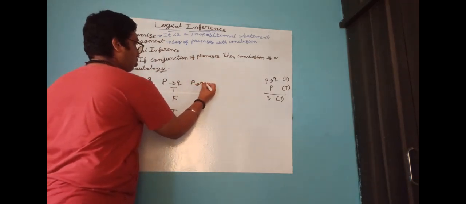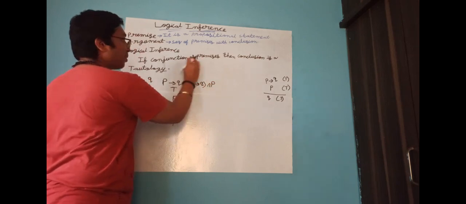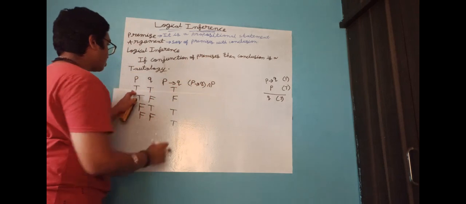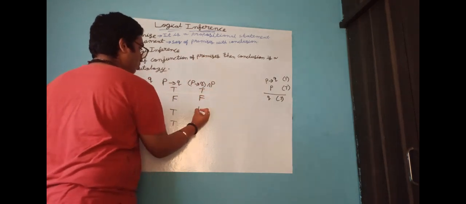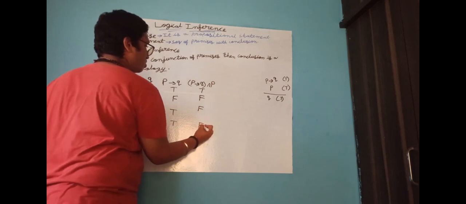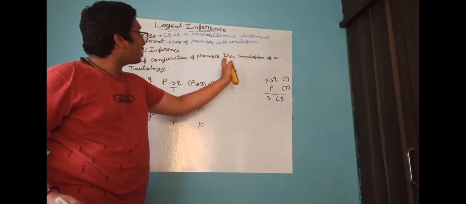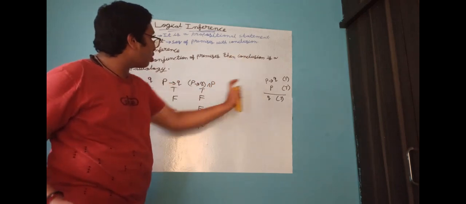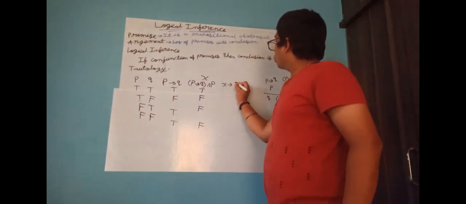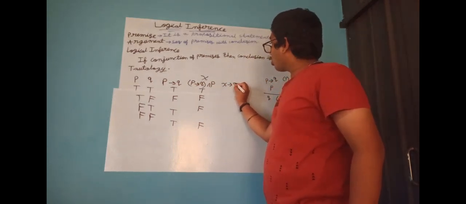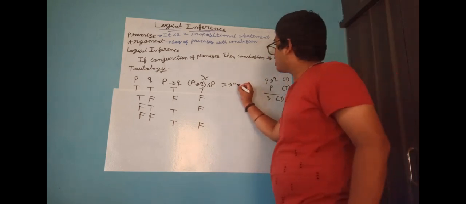P implies Q and P, nothing but the conjunction of the two premises. True and true, true. True and false, false. False, false. Then the implication to the conclusion Q. Let it be X. X implies Q. If it is a tautology, then this is an example of logical inference.